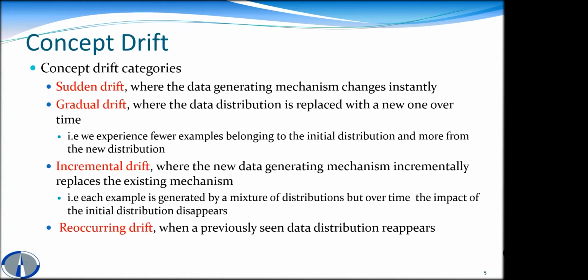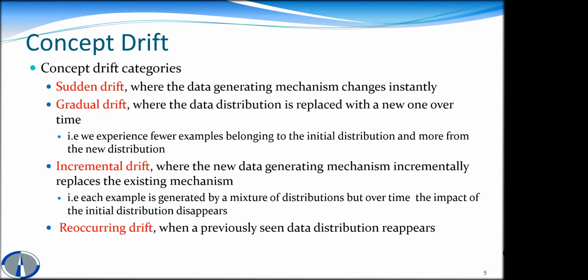We have four categories of concept drift. The first one is the sudden drift, where the data generating mechanism changes instantly. Then we have the gradual drift, where the data distribution is replaced with a new one over time. Here, when the drift starts, we experience fewer examples from the initial distribution and more from the new distribution.